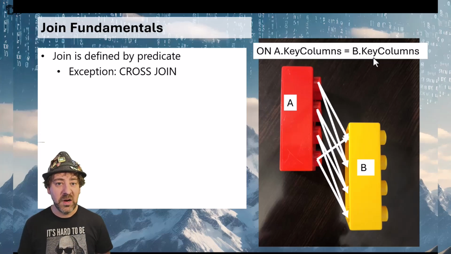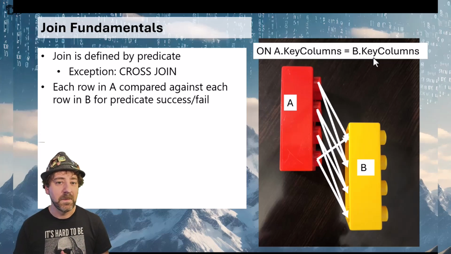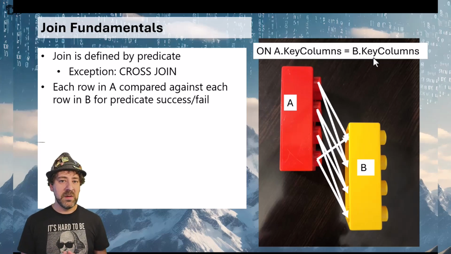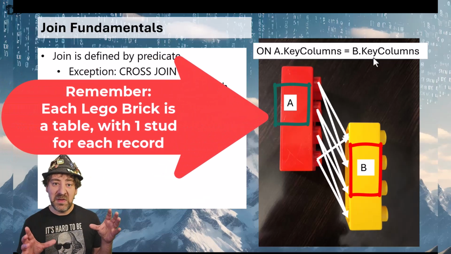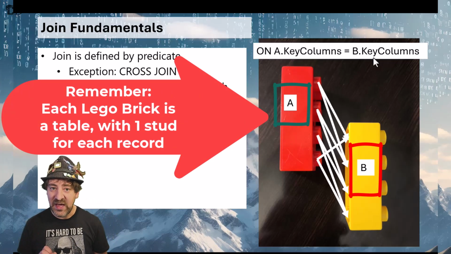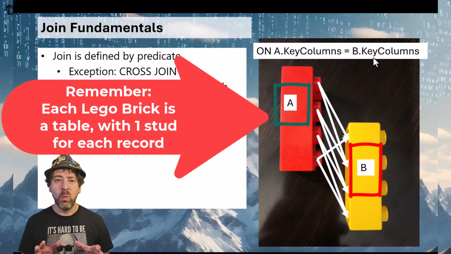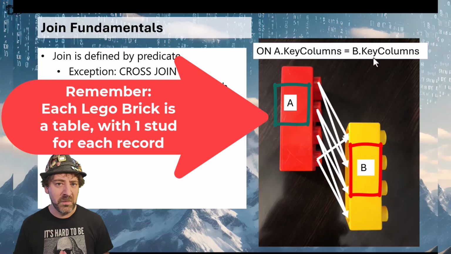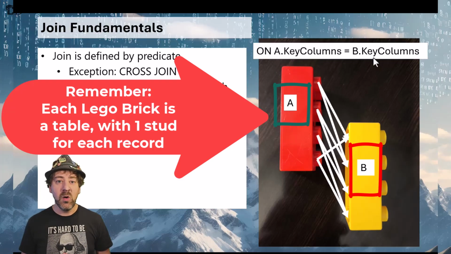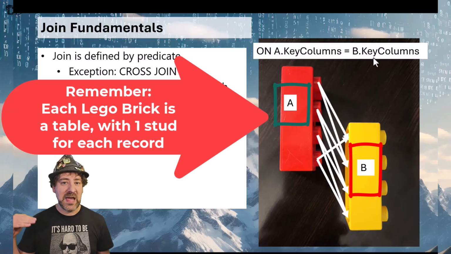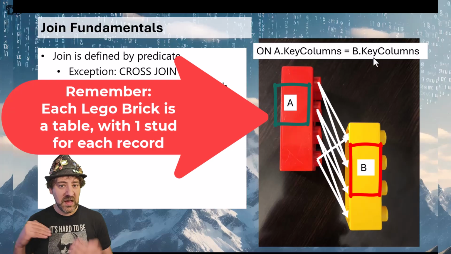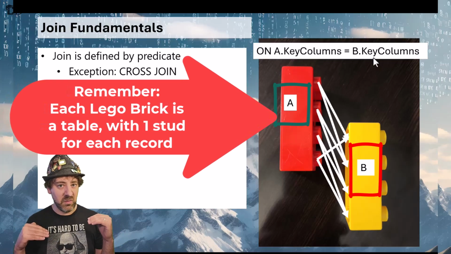How does it use the predicate? Like the following. When you define a join between two tables, we look at them as A and B in the same way that the Venn diagrams do. So we define the join on a predicate. What actually happens though behind the scenes? Well, we know starting out that table A is going to have so many records, table B is going to have so many records.